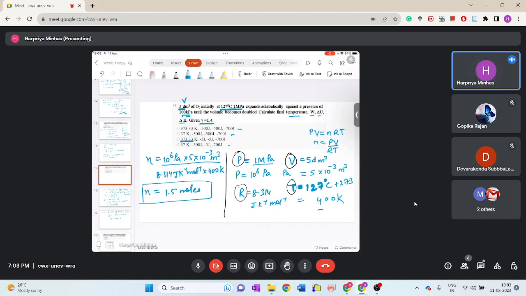So I think it goes with option A. So let's find out the remaining quantities that we left. We found W, del U and the TF temperature, and we are left with del H.